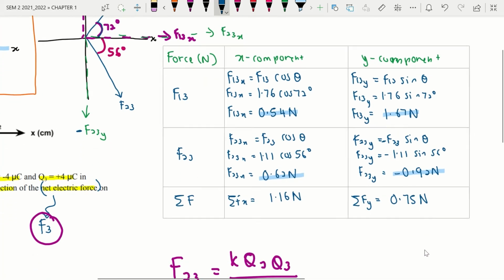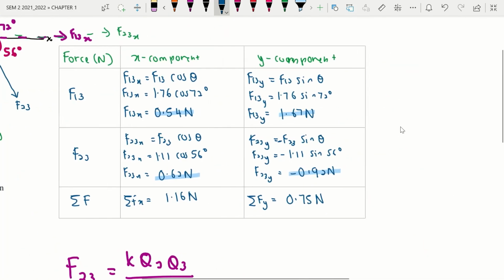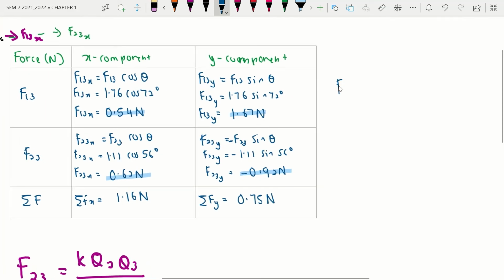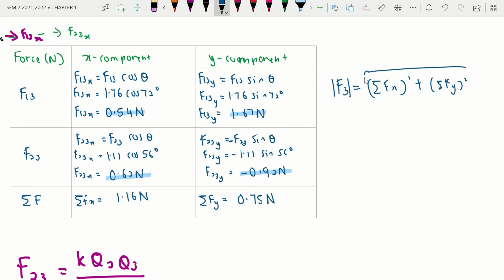Alright, so we are done. Now we are going to look for the magnitude of the net electric force on charge 3. We are going to use this formula: the summation of force in X component squared plus the summation of force in Y component squared, and square root it.